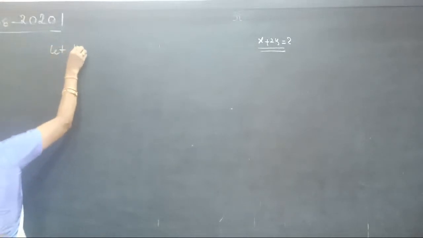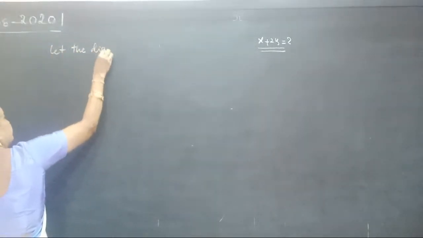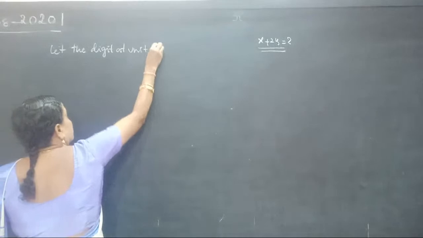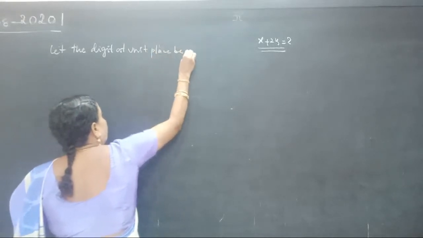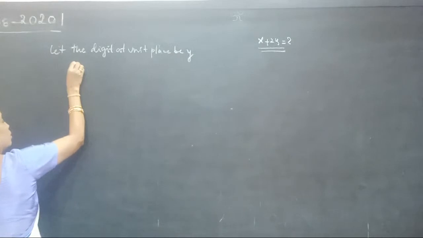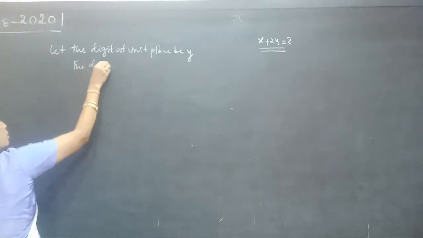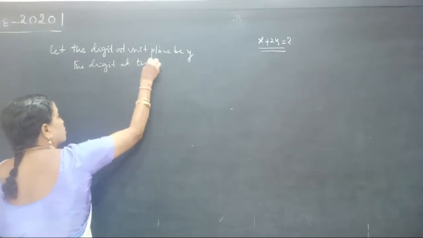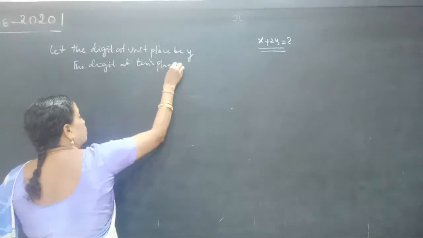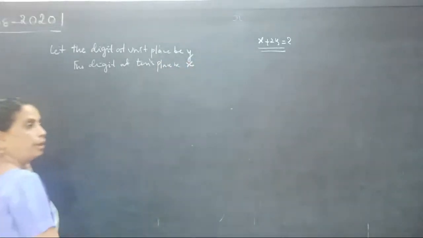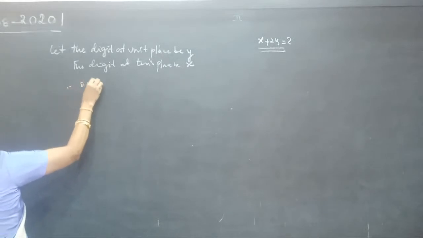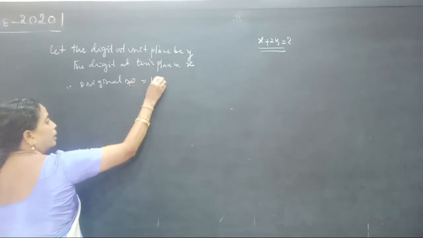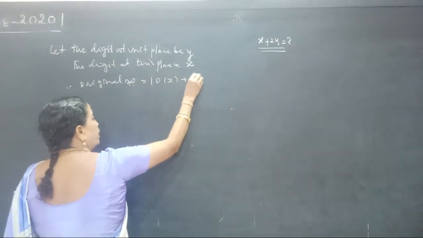Let the digit at unit place be y. The digit at tens place be x. Therefore, the original number we write as 10 into x plus y.